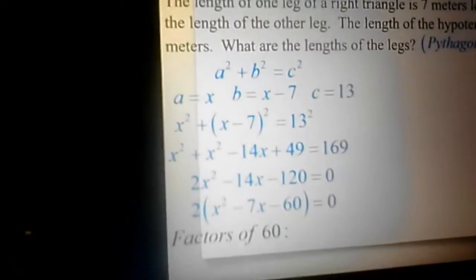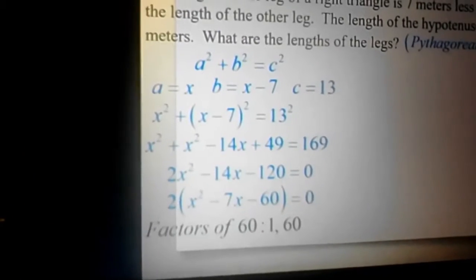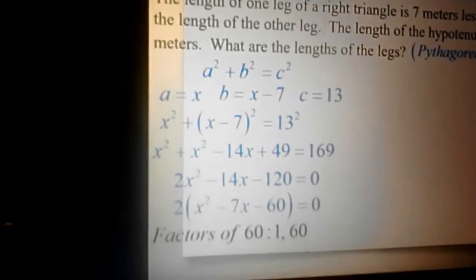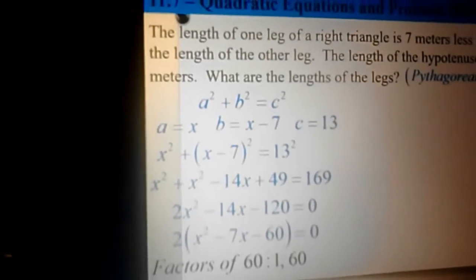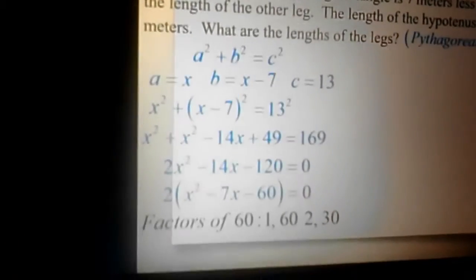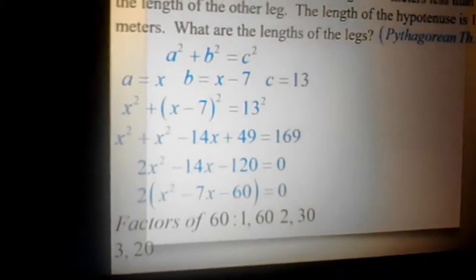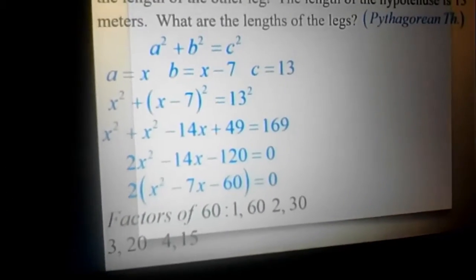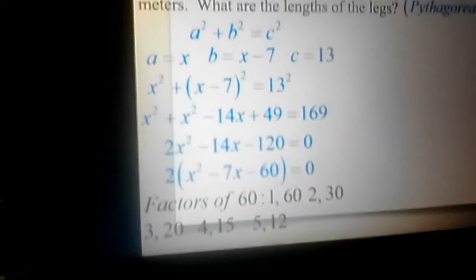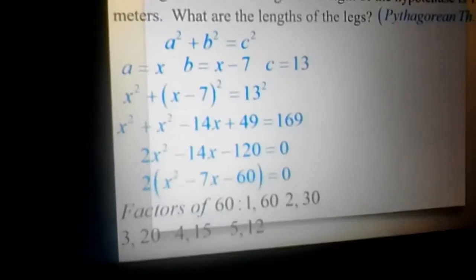So we can obtain the factors of 60. Our target is to get negative 7. So what are the factors of 60 that we can use to get negative 7? Is it 1 and 60, 2 and 30, 3 and 20? Another factor pair is 4 and 15, and another is 5 and 12.